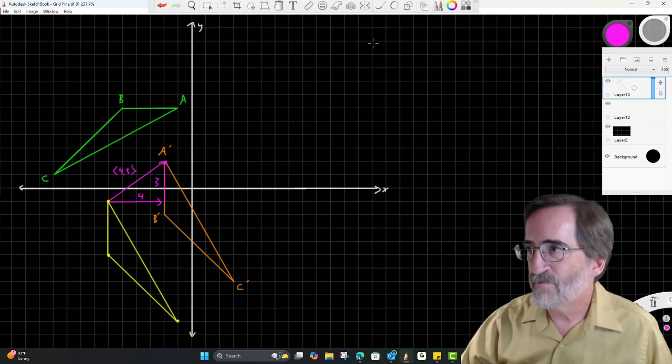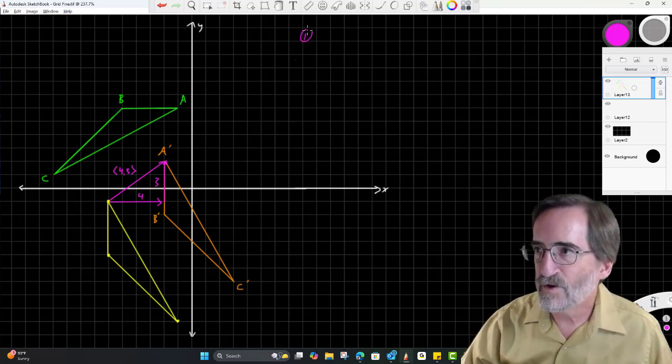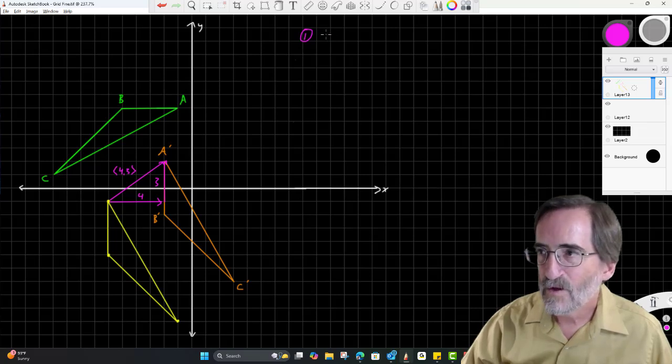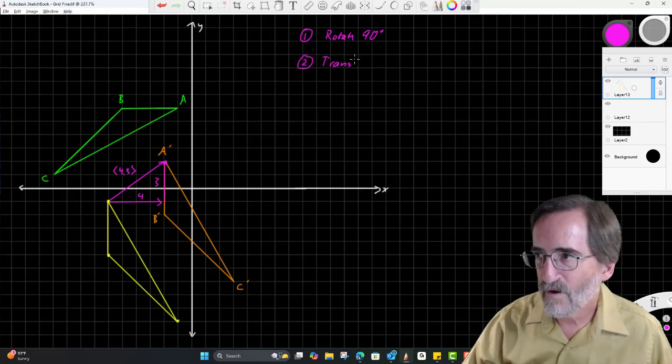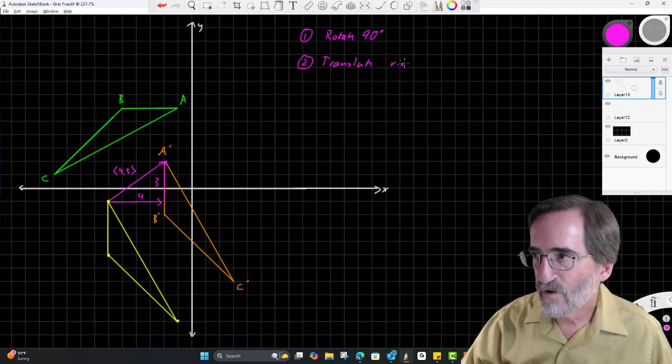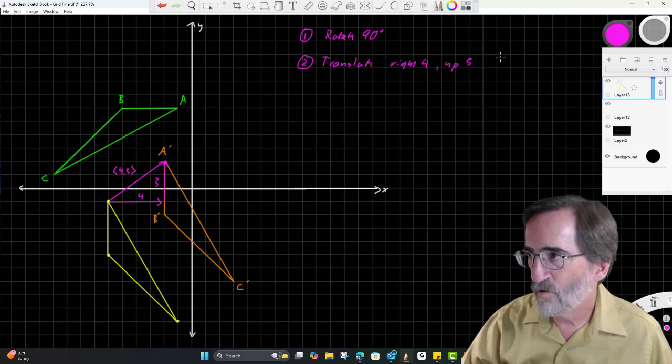So here are the steps. 1, rotate 90 degrees counterclockwise, which is positive 90 degrees. 2, translate right 4 and up 3, or by the vector 4, 3.